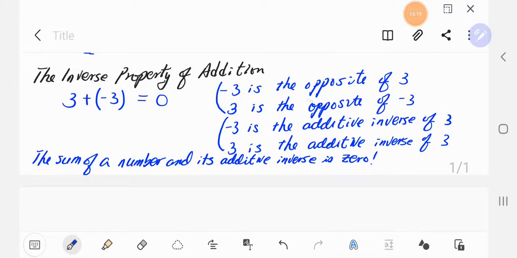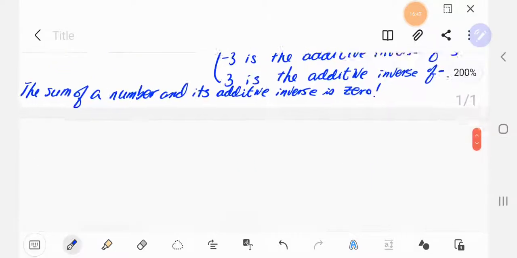So -3 is the opposite of 3, and 3 is the opposite of -3, and the opposite number is also called the additive inverse. The sum of a number and its additive inverse is always 0. So 3 is a number and its additive inverse is -3. When you add these two numbers, it is equal to 0.